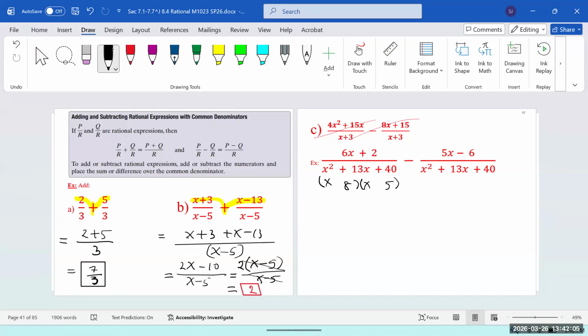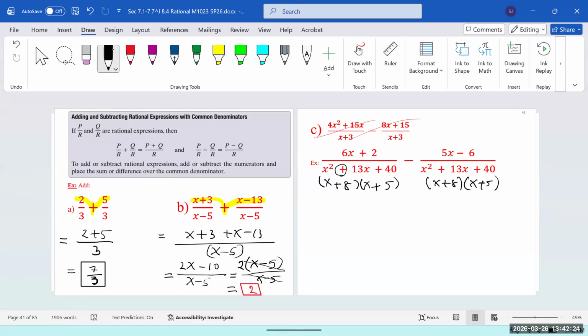And whatever the sign, 8 must be positive because of the middle sign. That means if you want to get 5, you have to add 5. So x plus 8, x minus 5, plus 5.